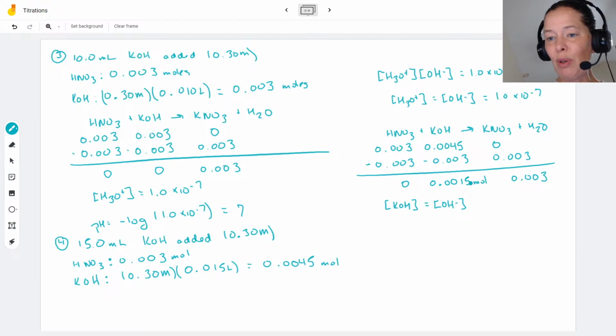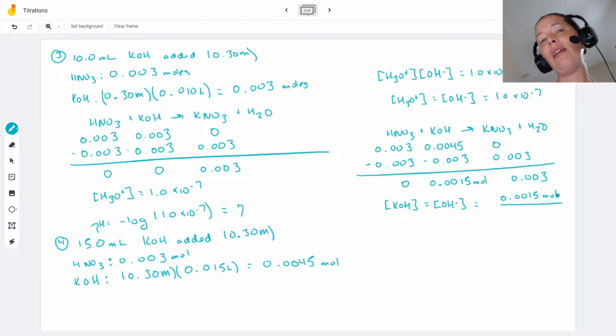I know my number of moles. So my concentration of hydroxide is 0.0015 moles, and I just need my volume at this point. So this is another place where you can get a little bit tripped up because you want to make sure you get these volumes correct. So I had 15 milliliters of my nitric acid. That was my sample when I started with.